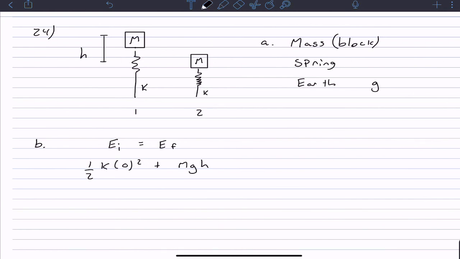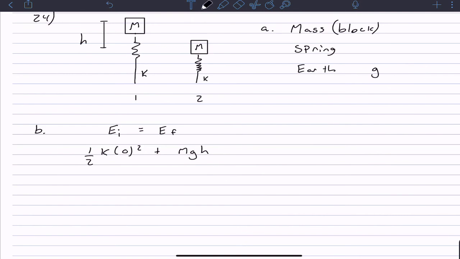Okay, so now this is E initial. Now E final, since I just told you that the mg term went down to 0, right? This went from h to 0 here. So we're going to consider that 0. And then this displacement is actually h. So this spring moves a distance of h, right?